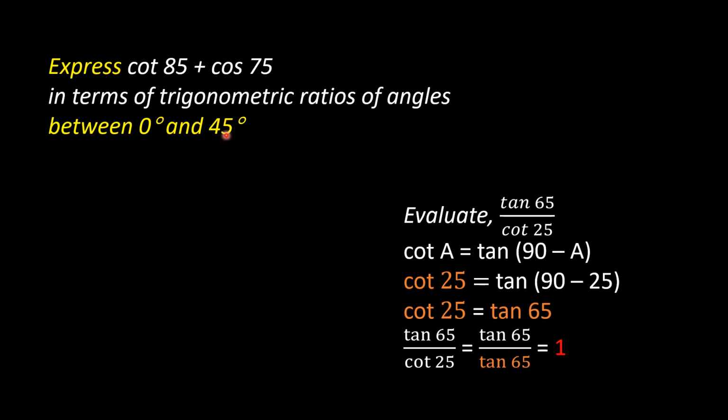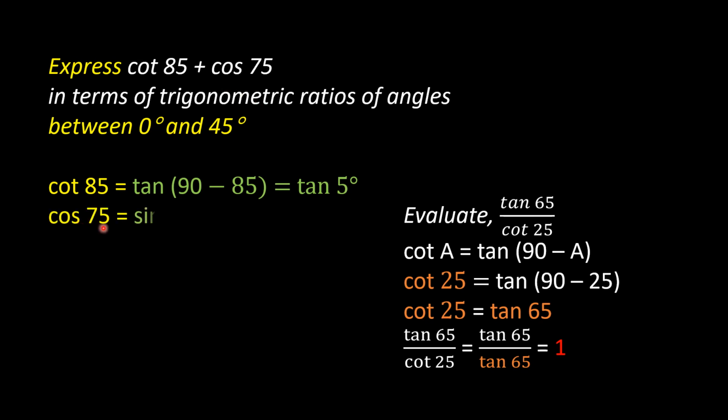So we write cot 85 as tan of (90 minus 85), which gives us tan 5. And we write cos 75 as sin of (90 minus 75), which gives us sin 15.